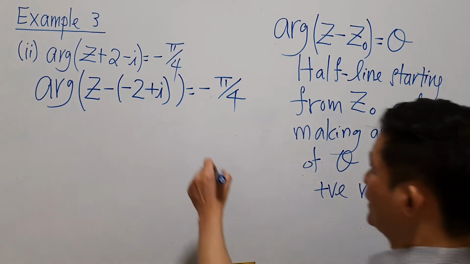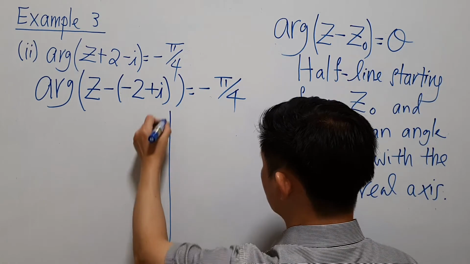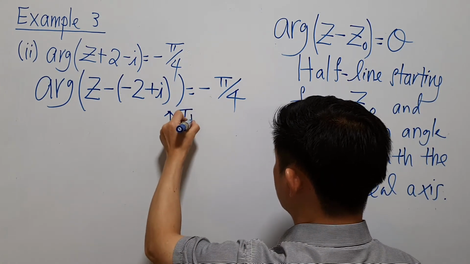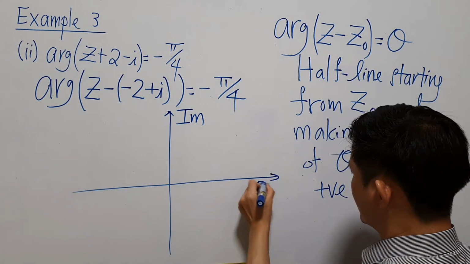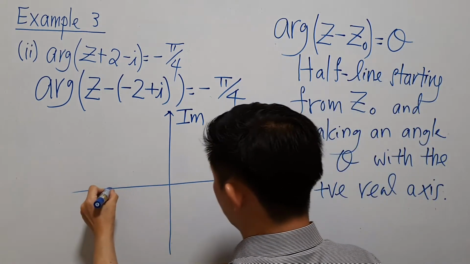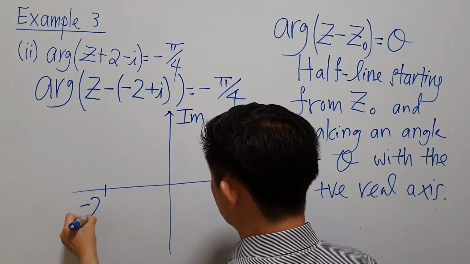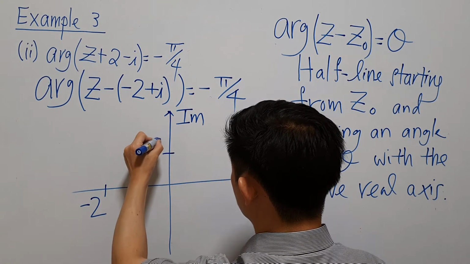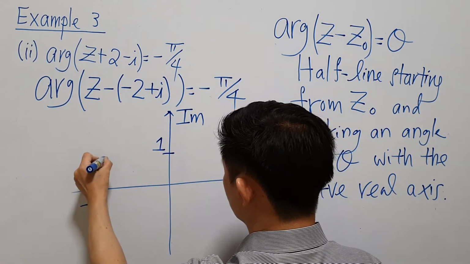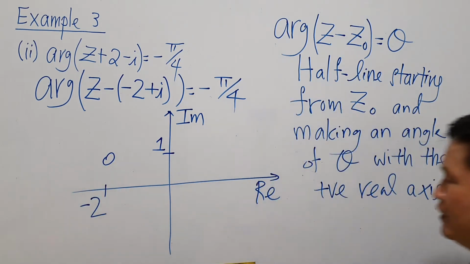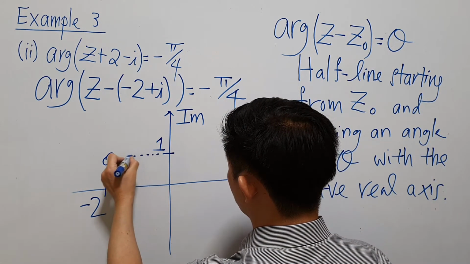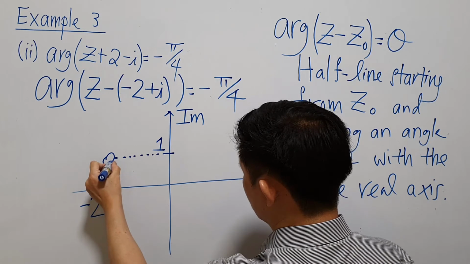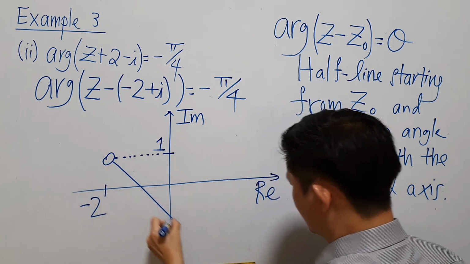So you draw your Argand diagram. This is the imaginary axis. This is our real axis. So minus 2 is roughly here, plus i, say here. So this is the point minus 2 plus i. So from here, you want to draw a half line making an angle of minus pi over 4. So this half line will look something like this.